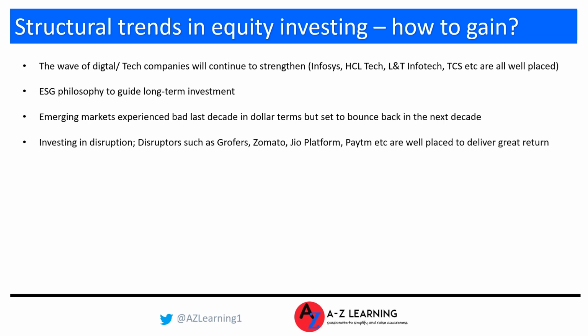Then I think the fourth theme is the disruption theme, which is important. You always need to have that nose to smell where the disruption is taking place. Disruptors will always give you returns which are unthinkable, unimaginable. And there are a number of opportunities which will come your way because the global ecosystem is fast developing.